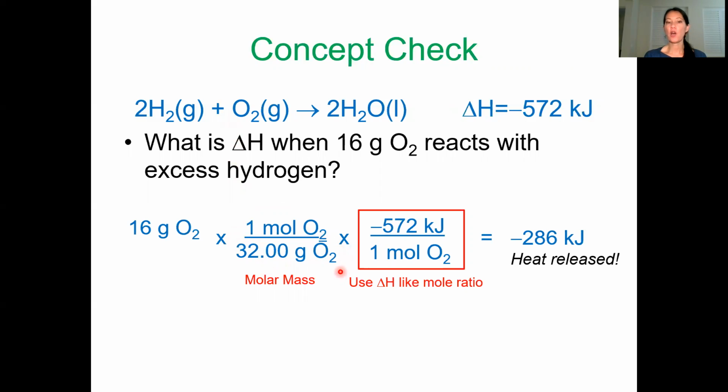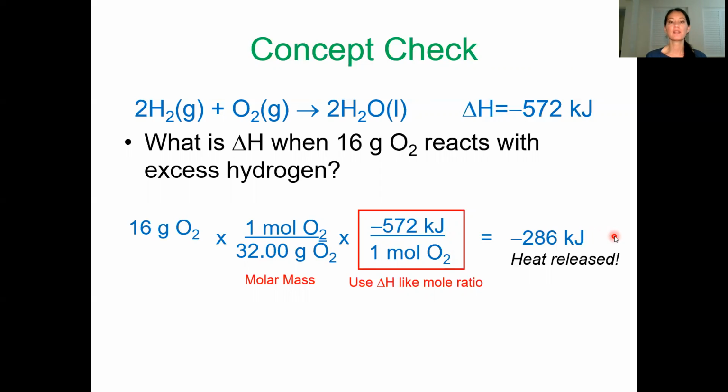And now I'm in moles of O2. I look at the equation. For every 1 mole of O2 consumed or reacted, I release 572 kilojoules. So using it like a mole ratio, I put the 1 mole of O2 on the bottom and minus 572 kilojoules on top. Crunch my numbers and I get minus 286 kilojoules.